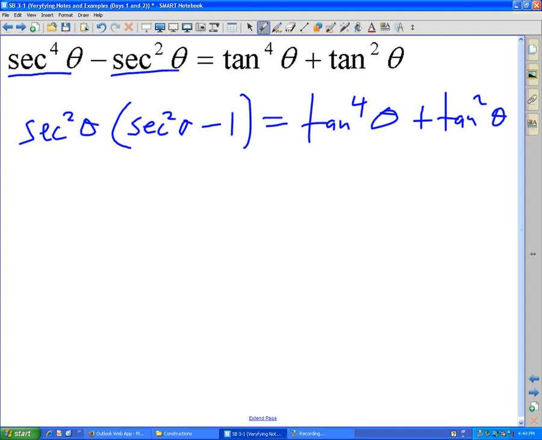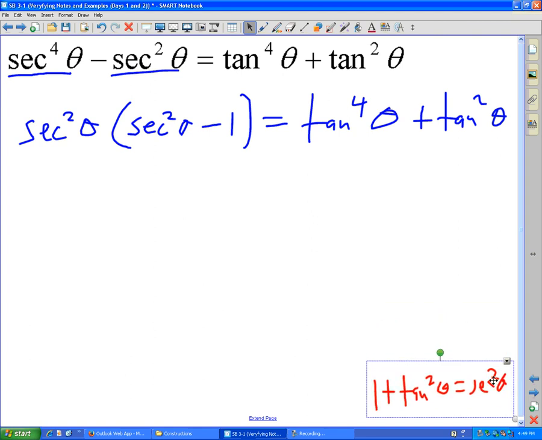Don't I know an identity that has secant squareds and tangent squareds? Don't I know an identity that's like 1 plus tangent squared is equal to secant squared? Don't I remember that somewhere from earlier on, like in Unit 1? Yeah, we do know this.